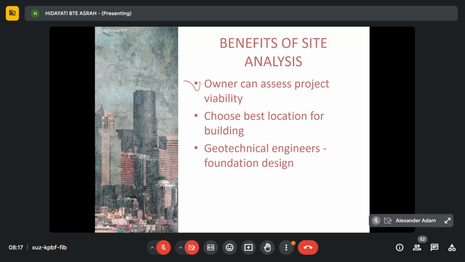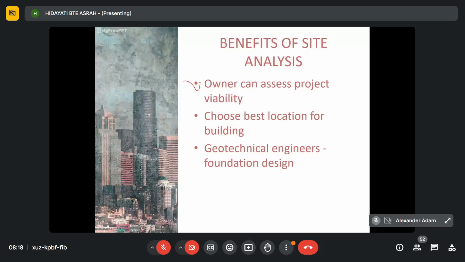That is the first one, for the owner. And by doing the site analysis also, the owner, the architect, structural engineer, and contractor will be able to choose the best location for the building, because they already know the condition of the site, so they are able to identify the best location to construct your building.